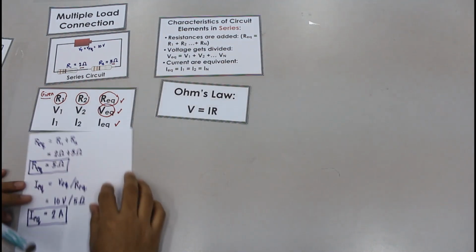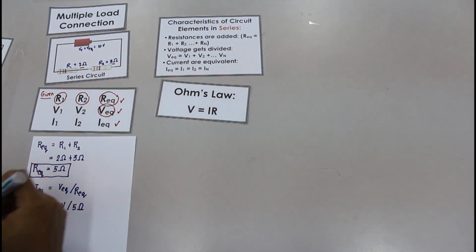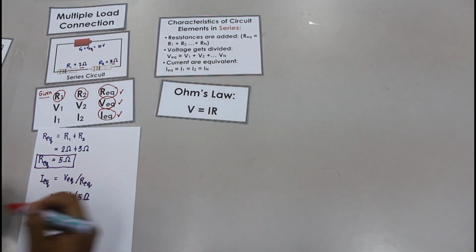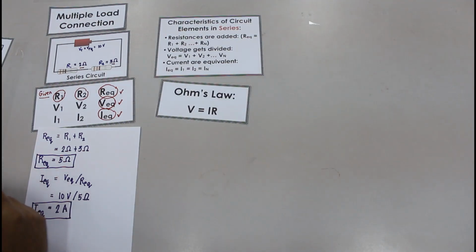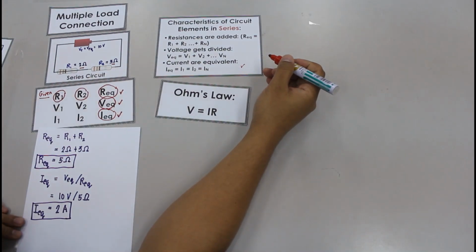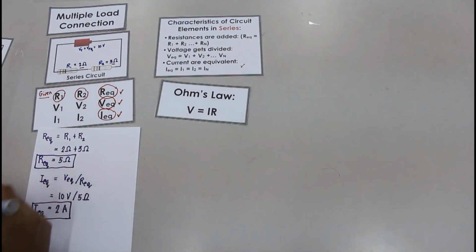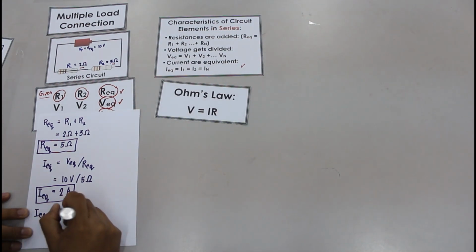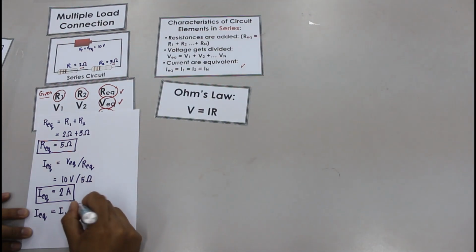Again, we refer back to our guide here. We're now able to solve I equivalent. So we encircle this. And we use another big idea or characteristic of circuits in series. And that big characteristic is this one, that the current are equivalent in all circuit elements in series. That means whatever the value is for I equivalent, that will be equal to the individual currents I1 and I2.